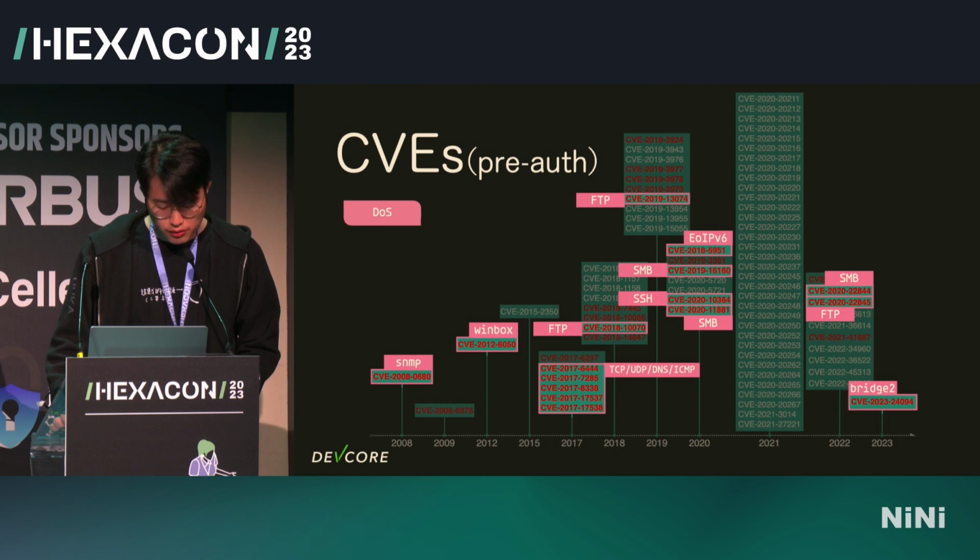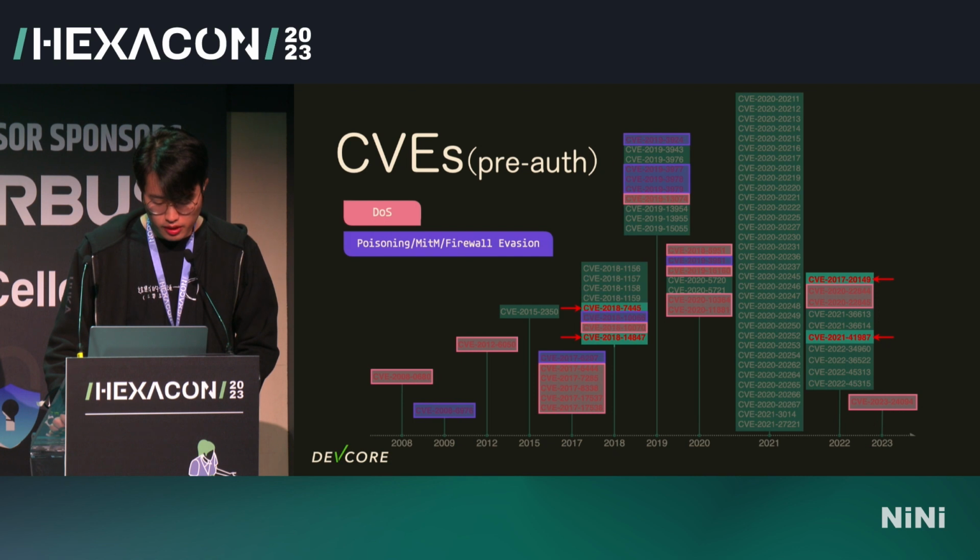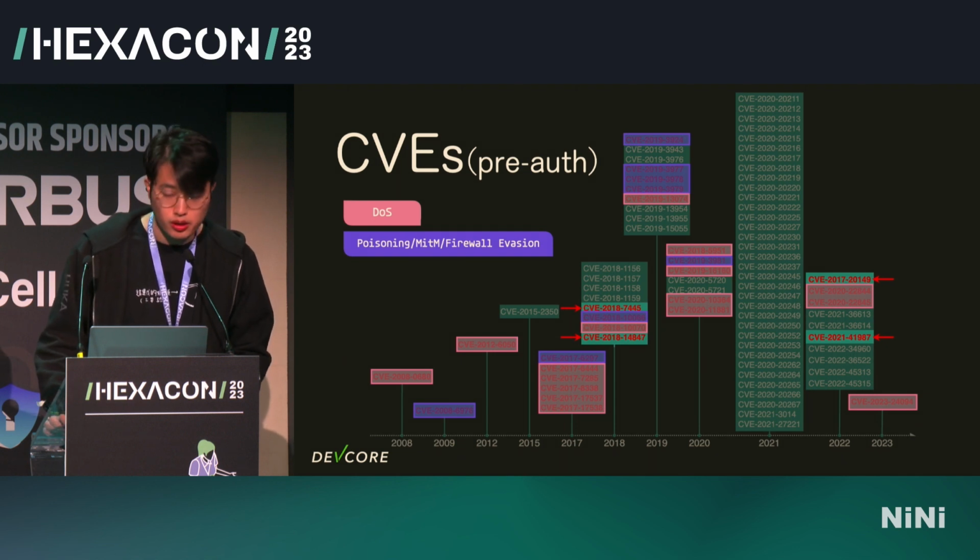And 16 out of 28 are in various components. 8 out of 28 are things like DNS poisoning, allowing an attacker to do MITM or firewall evasion. Only 4 pre-auth vulnerabilities in history can lead to a shell or login as admin directly without user interaction, which is the constraint of the Pwn2Own event.